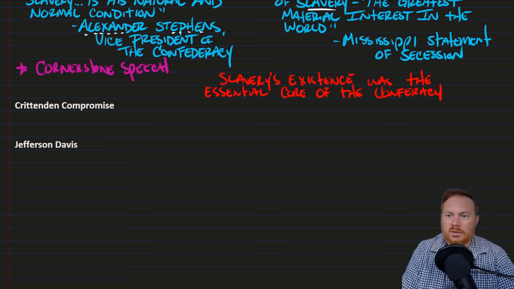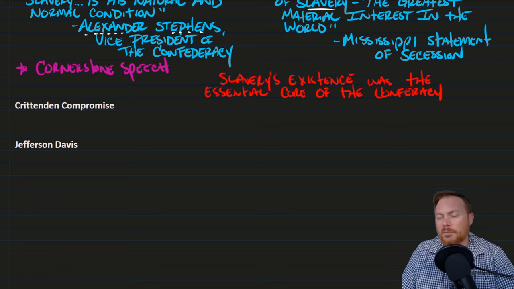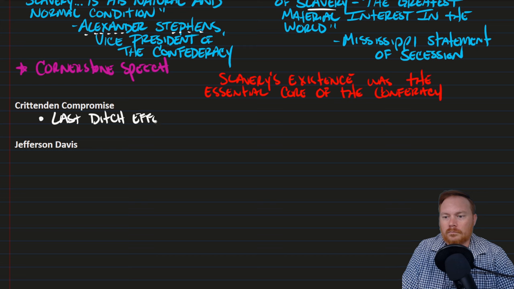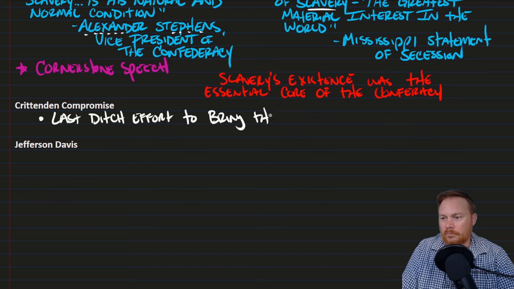Now, even in the face of secession, there were still some that had hoped that perhaps there could be a peaceful outcome, that perhaps these southern states could be brought back if only the right deal was made. And so a senator, I want to say, from Kentucky, Crittenden, decided upon the Crittenden Compromise as a last-ditch effort to bring the southern states back.